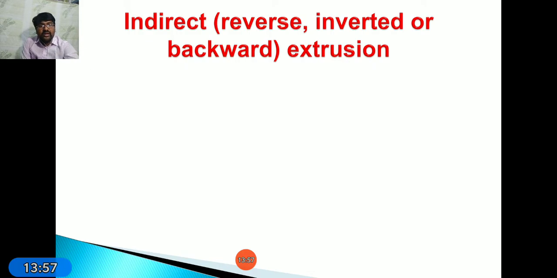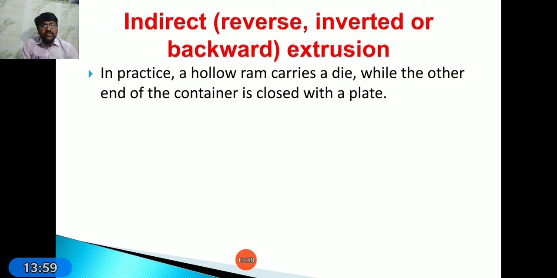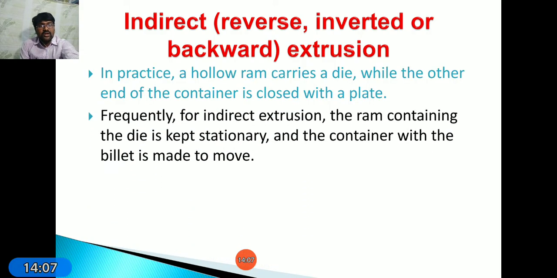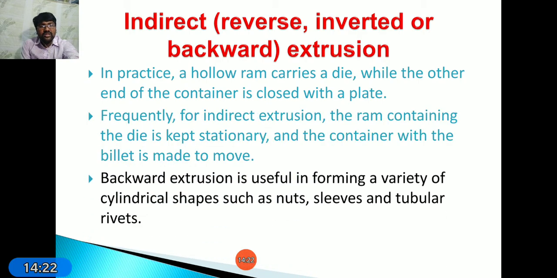In this practice, a hollow ram carries a die while the other end of the container is closed with a plate. Frequently for indirect extrusion, the ram containing the die is kept stationary. Here the ram is stationary and the cylinder and container with the billet are made to move. It is the reverse of the direct process.